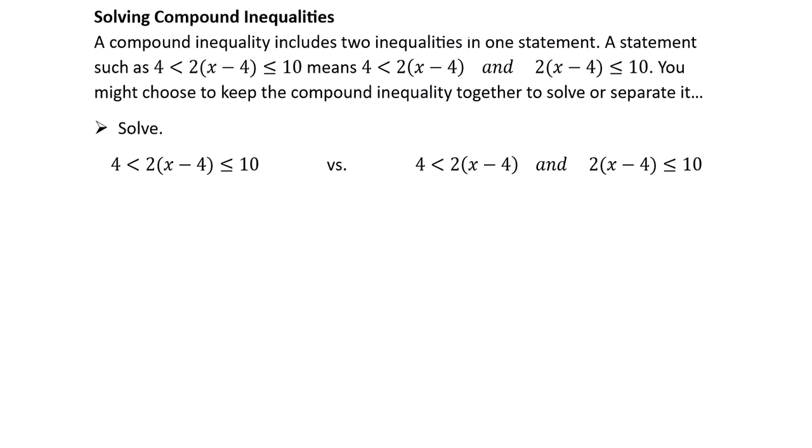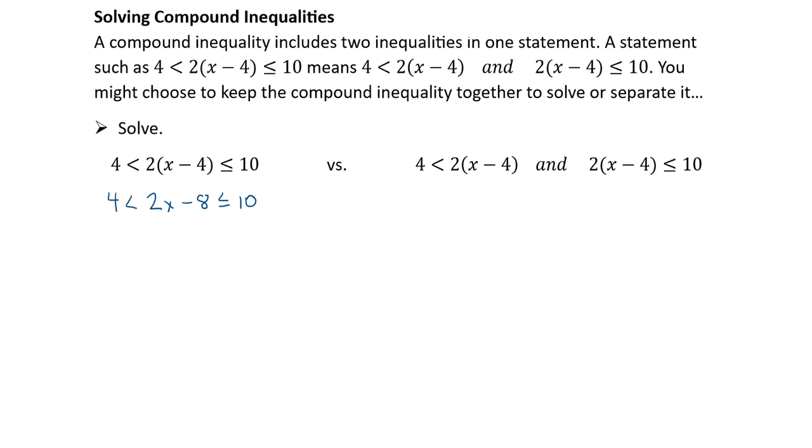When I'm looking at the inequality on the left, I've kept this together. Okay, the first thing that I see is I need to go ahead and distribute that 2 through the parentheses, and I'm left with this. Now, if I had just this part of the inequality, what I would do would be adding 8 to both sides.